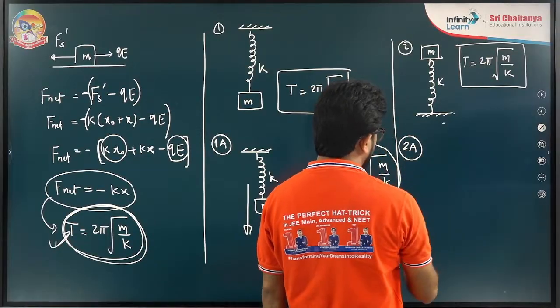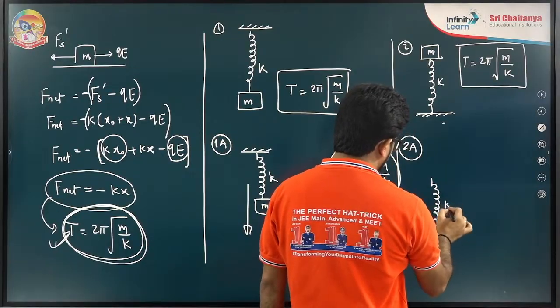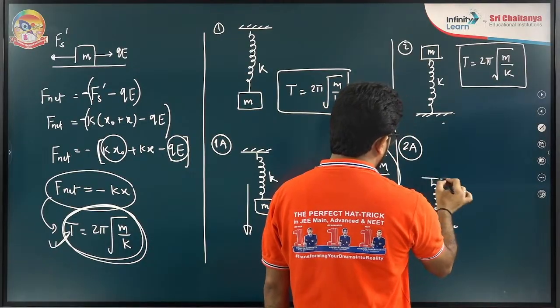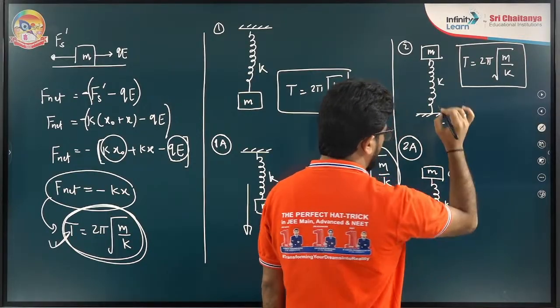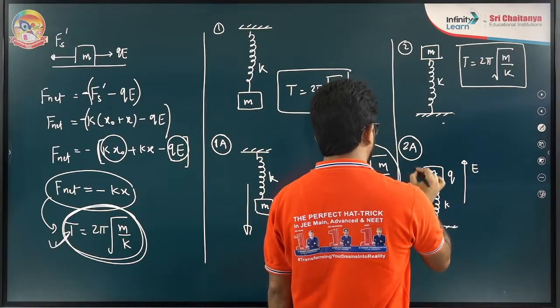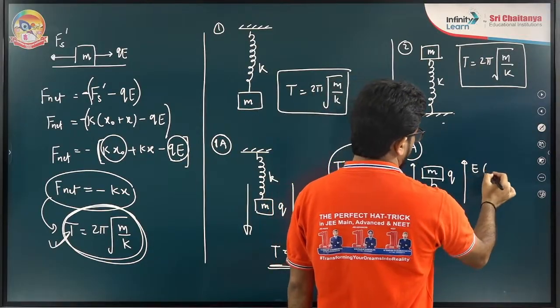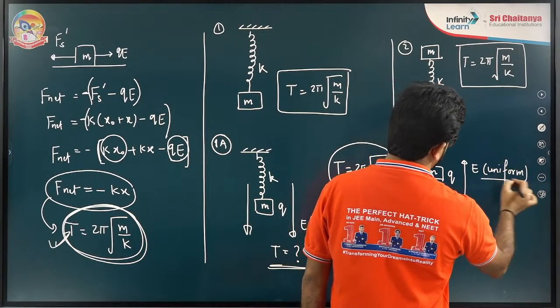A similar question I am giving you. Suppose here also you are putting it. This spring constant is k. Now this mass m also has a charge q, and you are putting an external uniform field. Again the question: what will be the time period, beta?